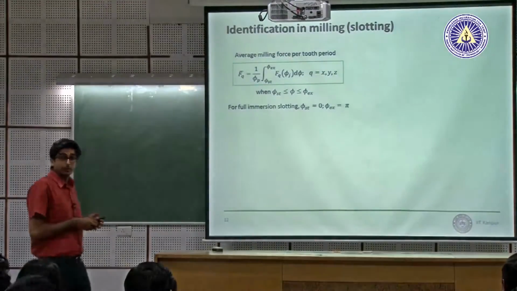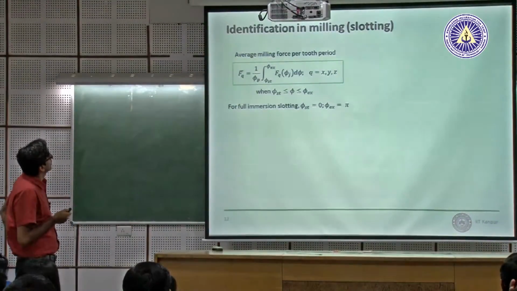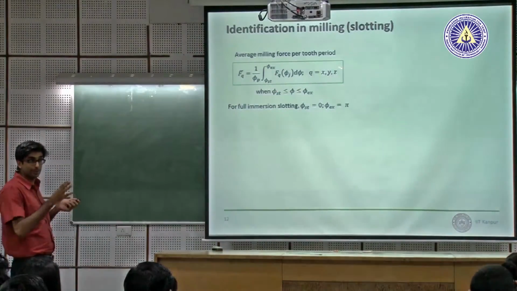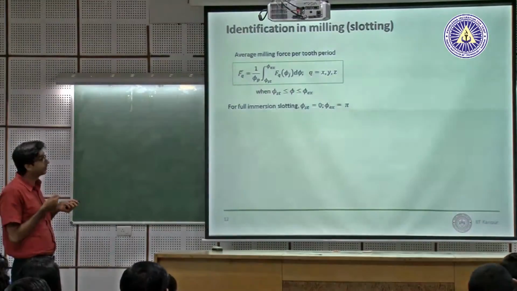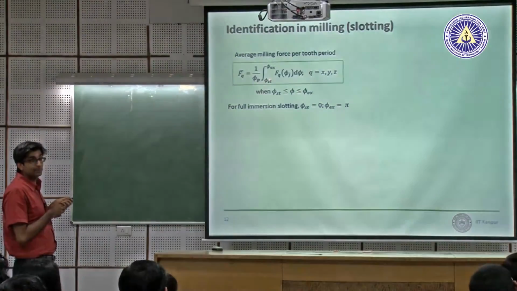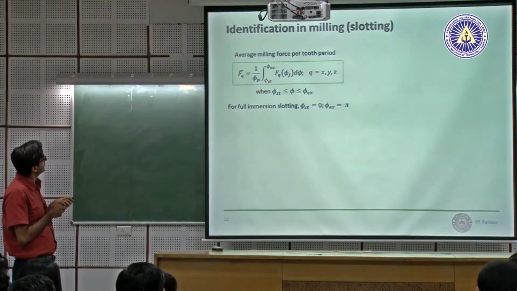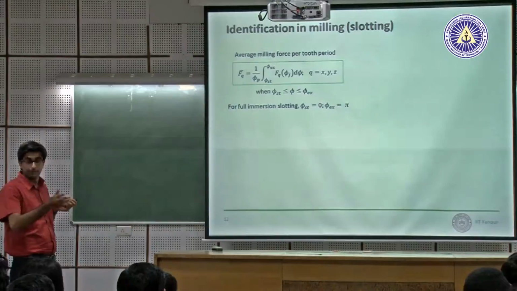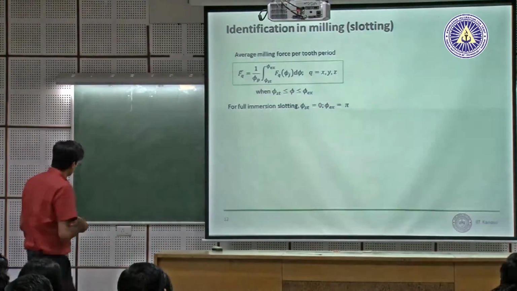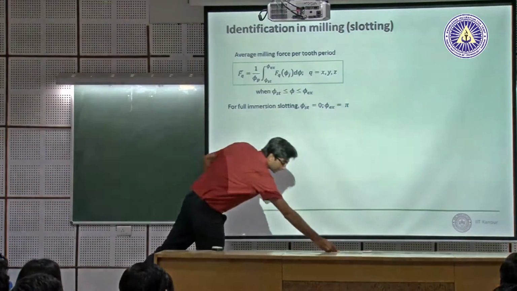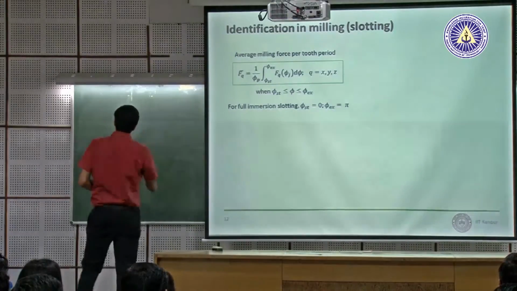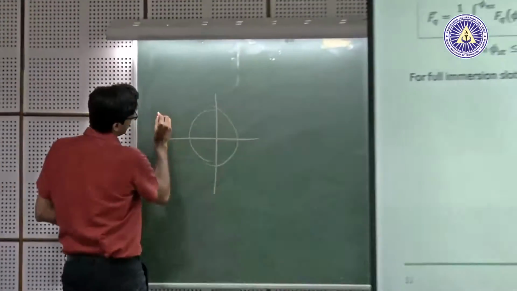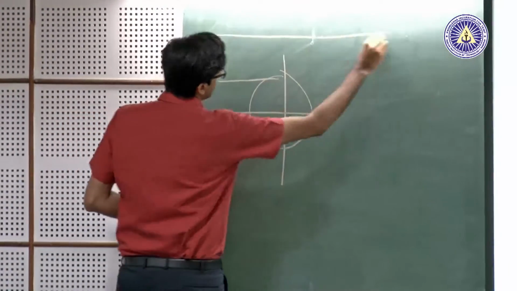So this is from yesterday. If you remember, the forces, Q is the subscript for x, y, z directions that we discussed yesterday, phi p is the pitch of the cutter, and phi start and phi exit are the entry and exit angles. Now this is slotting. Yesterday we spoke about up milling and down milling. Slotting is, this is your cutter and you're creating this slot.